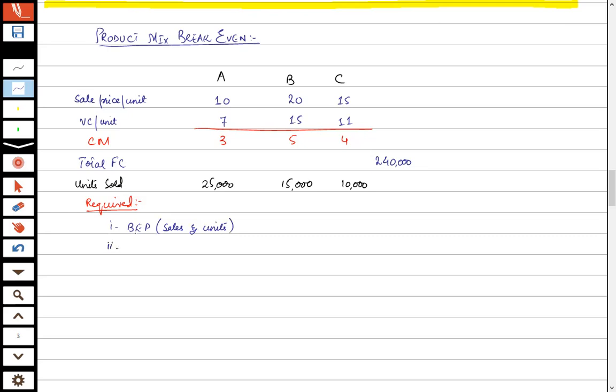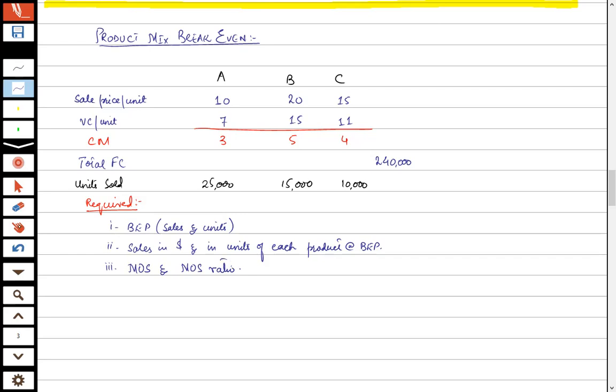Number two is sales in dollar and in units of each product at break even point. Number three, margin of safety and margin of safety ratio.